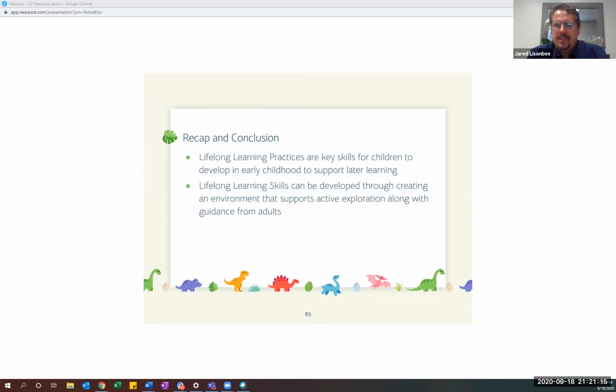For each standard, it has possible activities or suggestions for things you can do with children to help them develop those skills. I hope that was helpful and productive. Jessica just sent the link to that in the chat box.